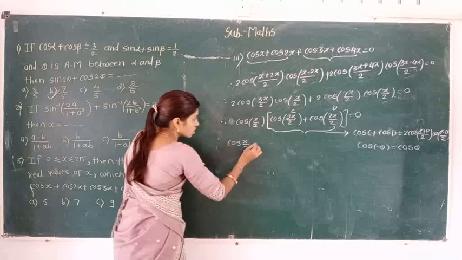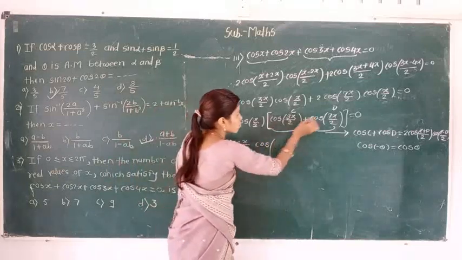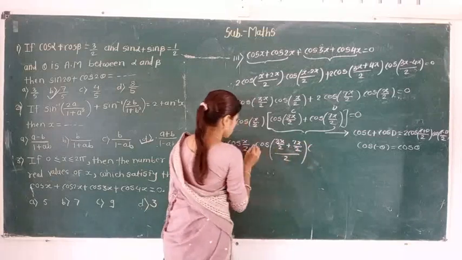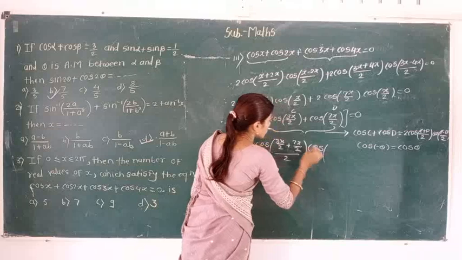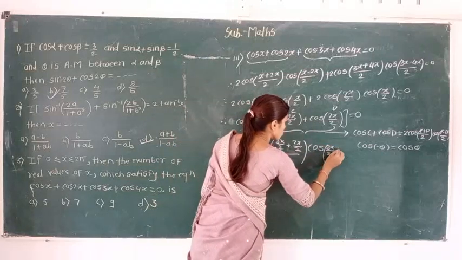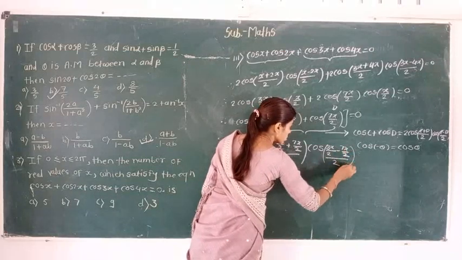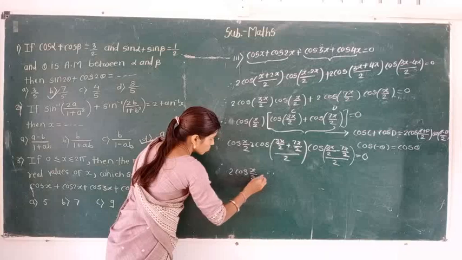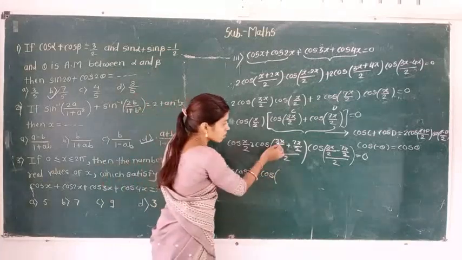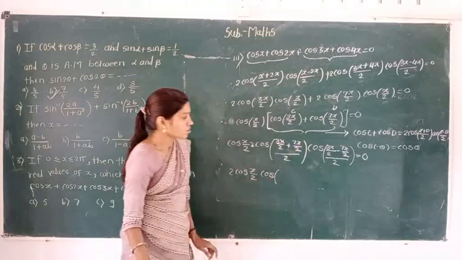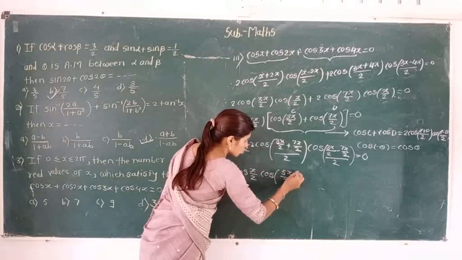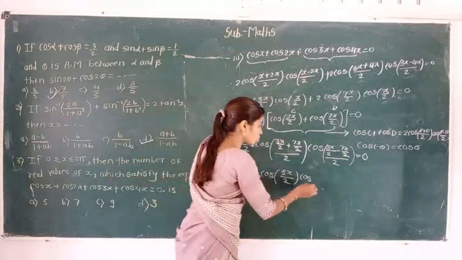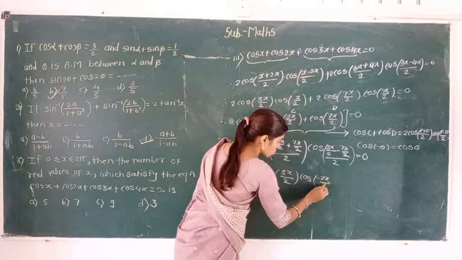We know cos C plus cos D is 2 cos((C plus D) divided by 2) into cos((C minus D) divided by 2). So we get 2 cos(x by 2) into cos of ((3x by 2 plus 7x by 2) divided by 2), which simplifies to 10x by 2, that is 5x by 2, into cos of the difference: minus 4x by 2, that is minus 2x by 2, is equal to 0.